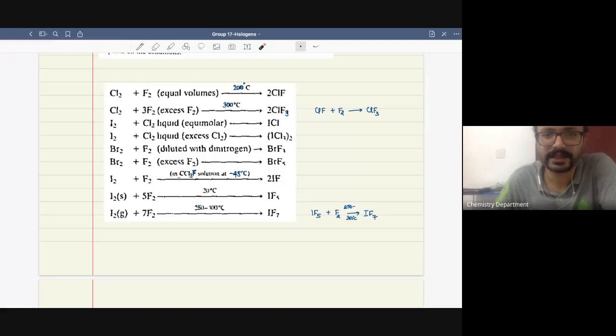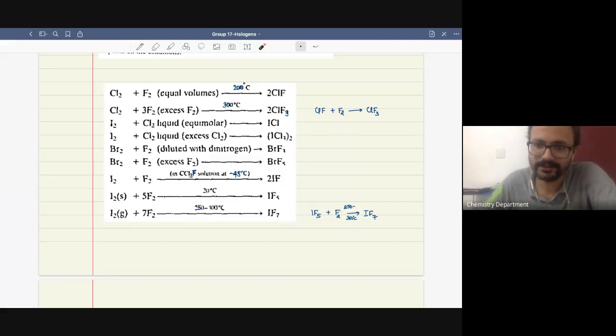Here it is done in an organic solvent, trichlorofluoromethane. In that solvent at minus 45 degrees, you can get IF, that is iodine fluoride. And IF7 is formed by the reaction of I2 with F2 at 250 to 300 degrees centigrade.